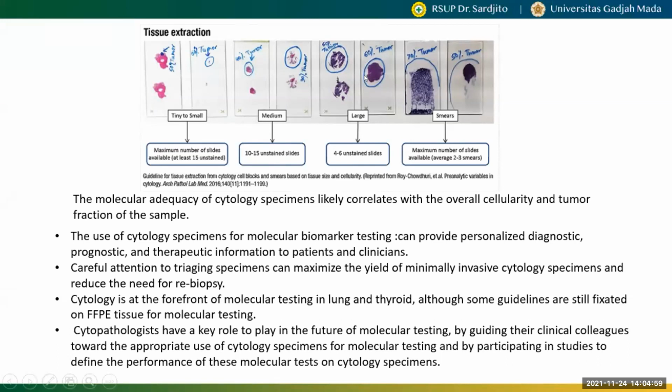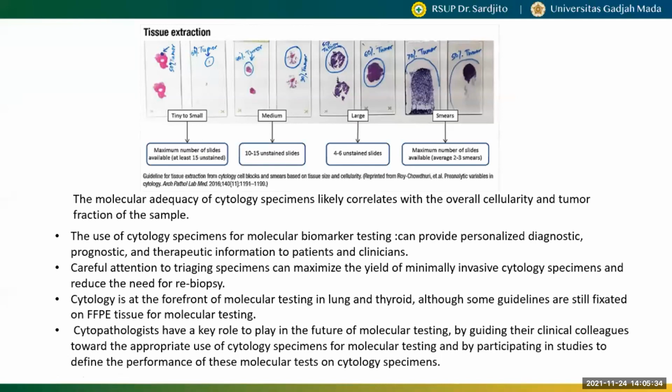And maybe if we have slides very thick like this, it can contain cells, but it is very hard to retain, and you will need quite a lot of slides also, because maybe you will have to get the cells in a very hard way. So the best smear that this study recommends is very thin and maybe long smears.